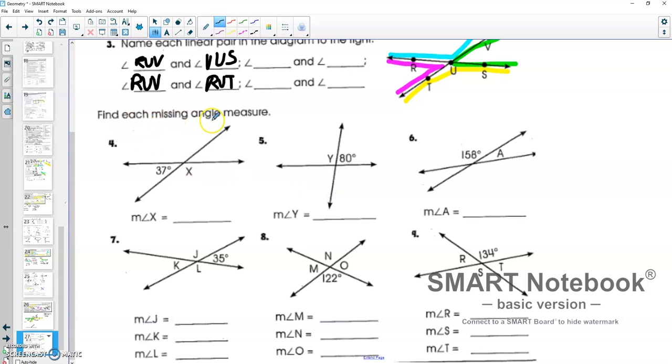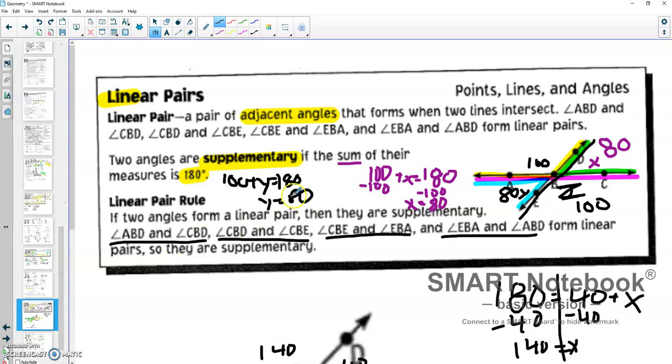Find each missing angle measure. Remember, when we're dealing with this, if it makes a line, what does the total have to be? It's a straight line, 180. So in here, we have 180 equals 37 plus x. Why am I using a plus? Because it says right here, the sum equals 180.